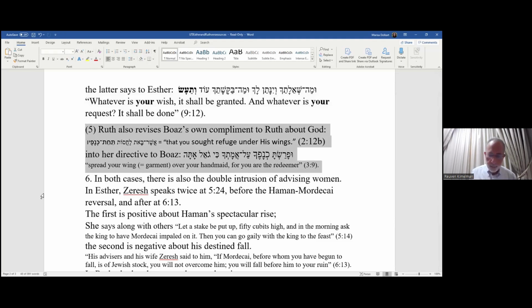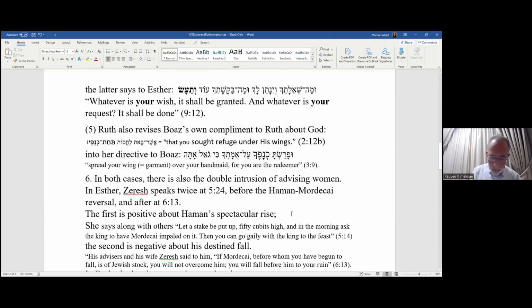But then she turns to Boaz and says, "Ufarasta kanafecha alamatcha kigoelata," using the exact same words that he used. Spread your wing, which in this case is a garment, over your handmaid, for you are the Redeemer. Ruth thus assumes an active role in bringing about the redemption.